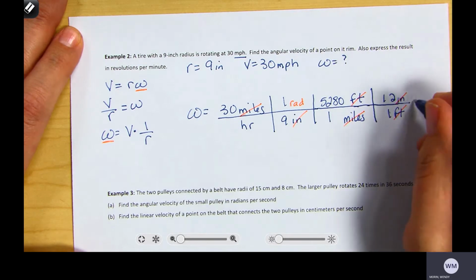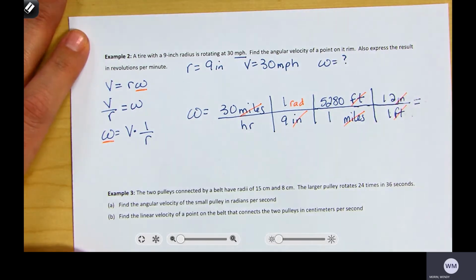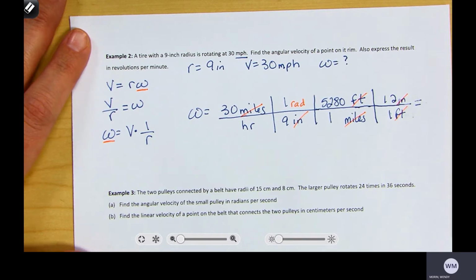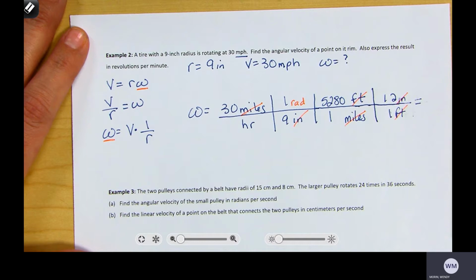Okay, so for my angular velocity, I'm going to use our calculators. We have 30 times 5,280 times 12, and then all divided by 9. Oh, that's a big number. Double check that.